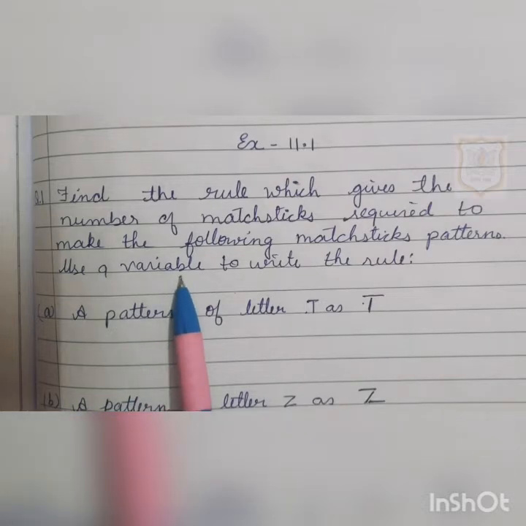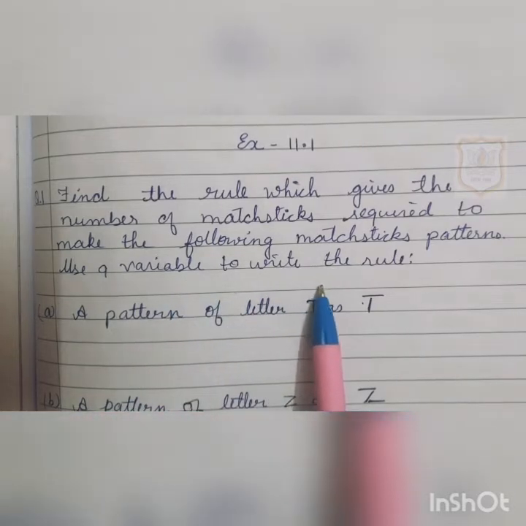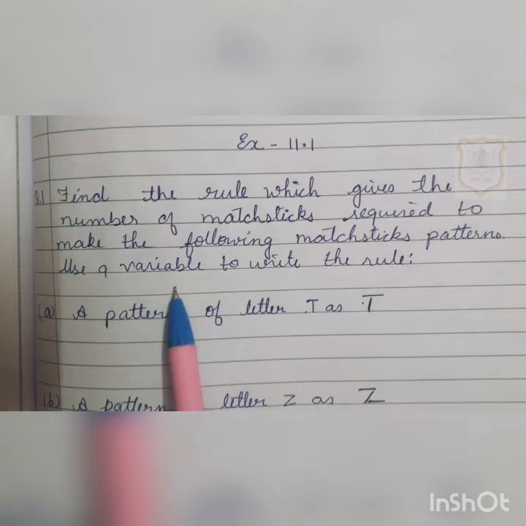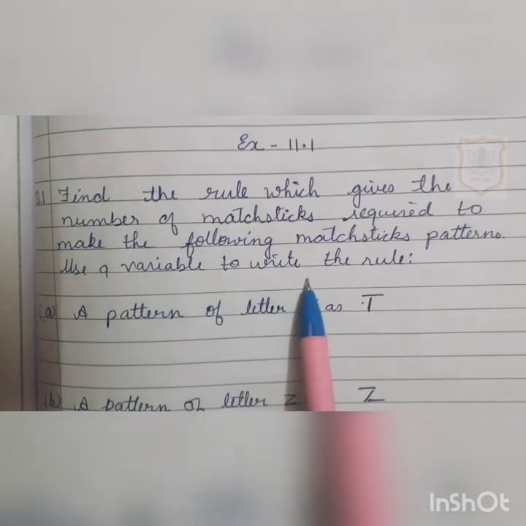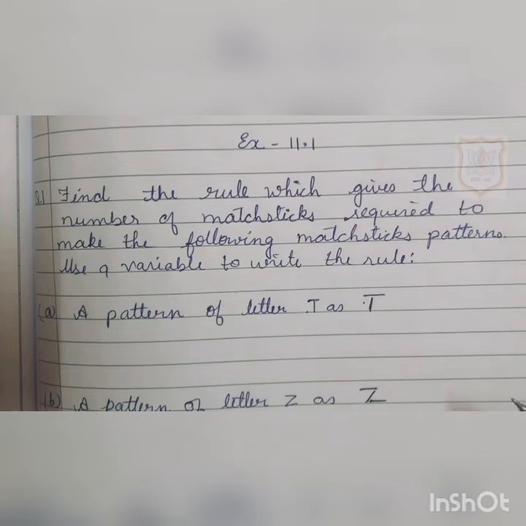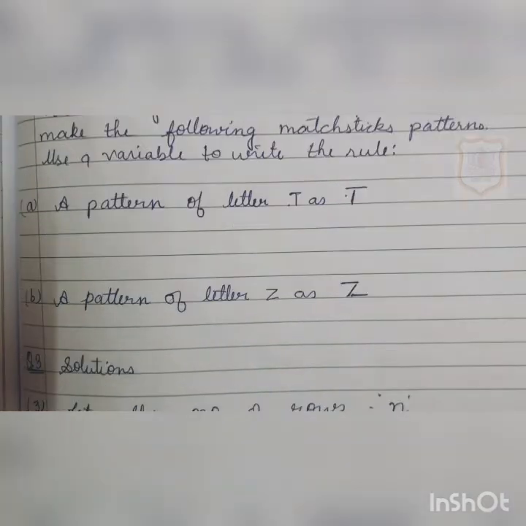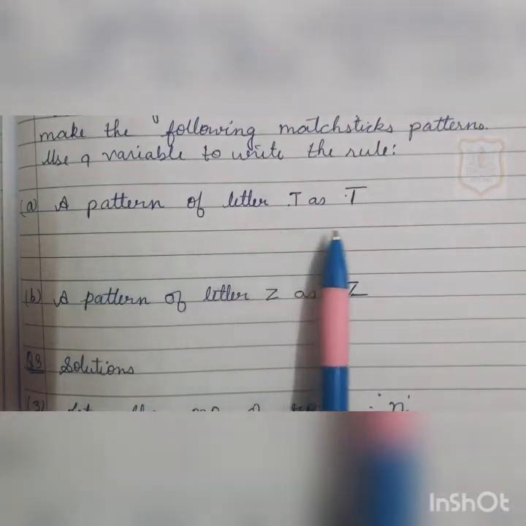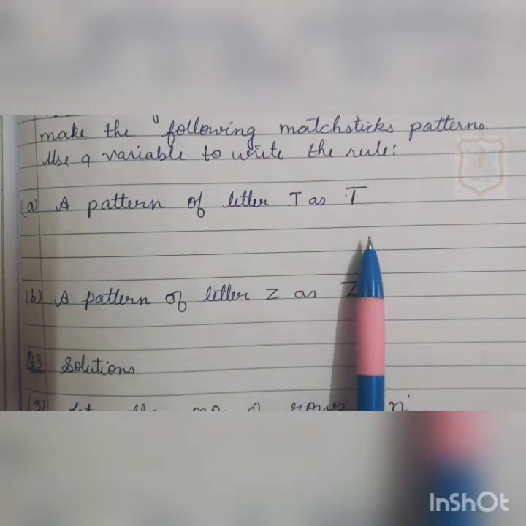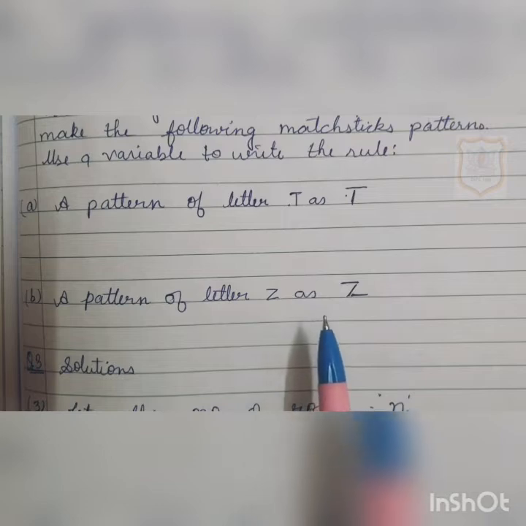To make one T, we require two matchsticks. With the help of matchsticks, we can draw letter T, and we can say how many matchsticks are required to make this letter T. We have to write the pattern also.